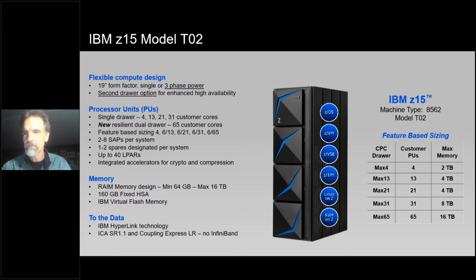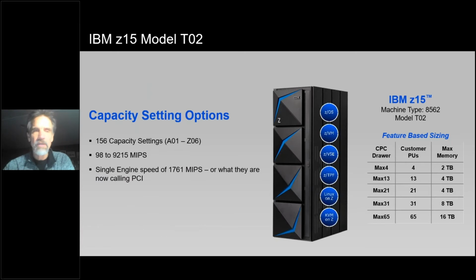I'll go ahead and move on to the next and talk about the capacity setting options. I did mention that up to 6 of the engines are characterizable for general purpose workloads. So that basically gives you 156 capacity settings like we've been used to for a while.